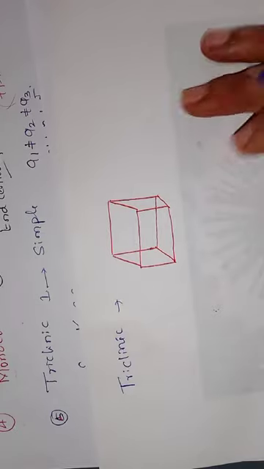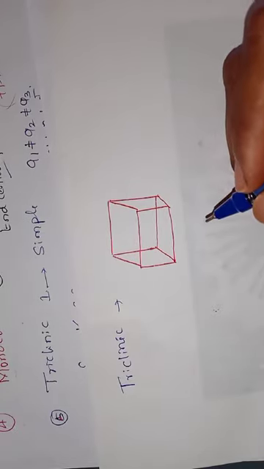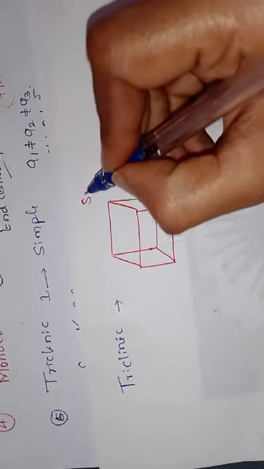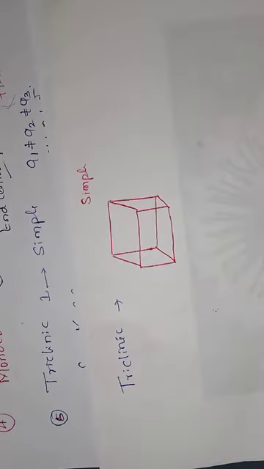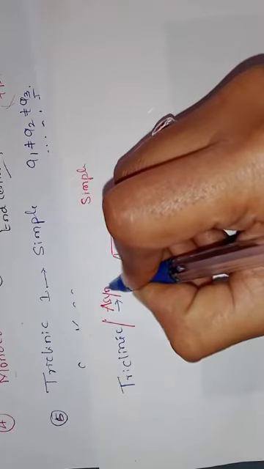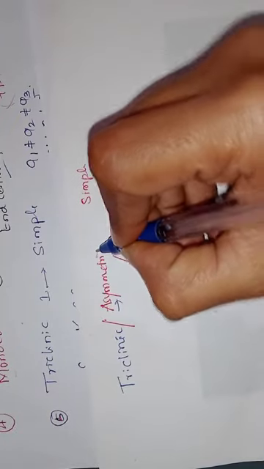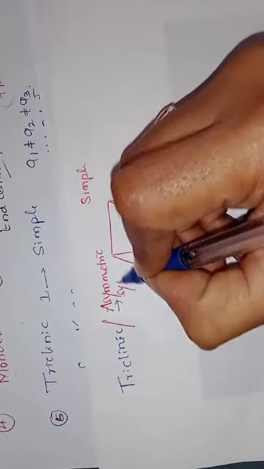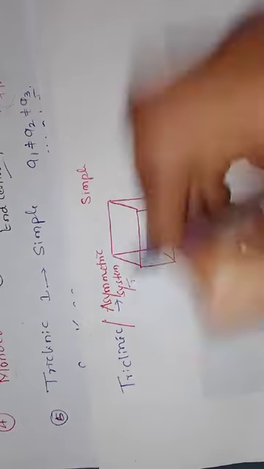In the triclinic, only the simple one is there. Sometimes, for tricky question purposes, they may ask for the asymmetric system, so we can also call this the asymmetric system.